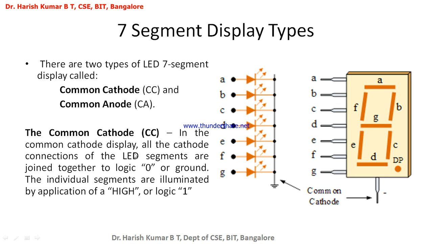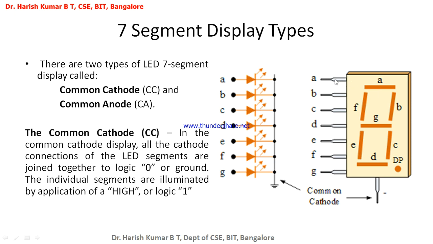In a common cathode display, all the cathode connections of the LED segments are joined together to logic 0 or ground. You can see all the cathode terminals here are connected together and connected to ground or logic 0. The individual segments are illuminated: if I want to illuminate segment A, I have to apply logic 1 to it.